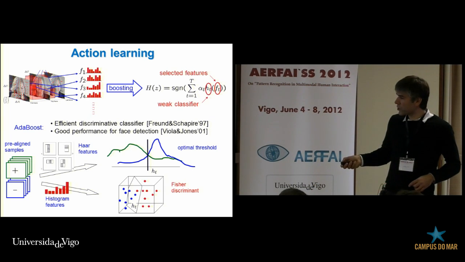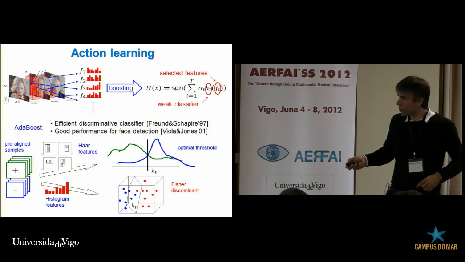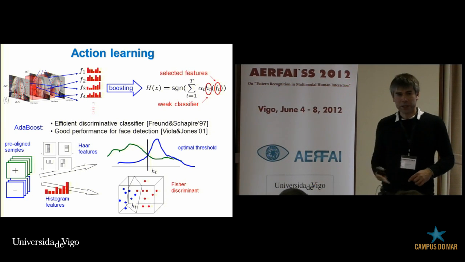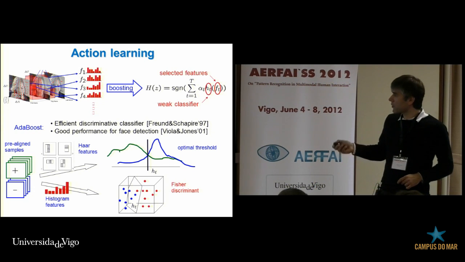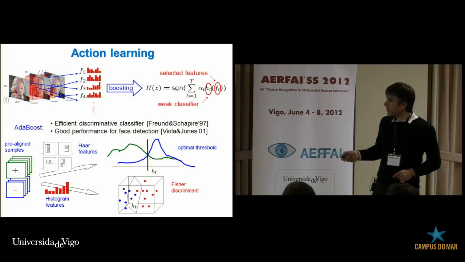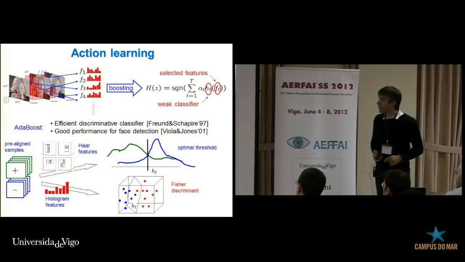Here are histograms corresponding to features for positive and negative examples. We search for a classifier which separates positives and negatives for each feature, and then combine them into a strong classifier here.